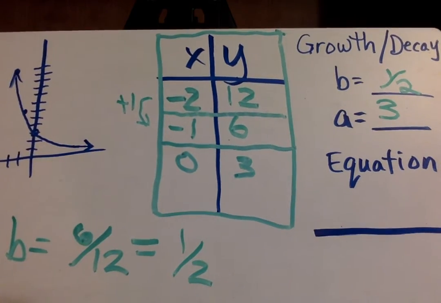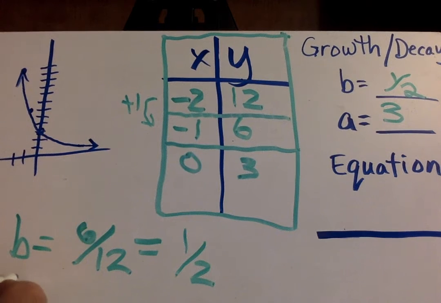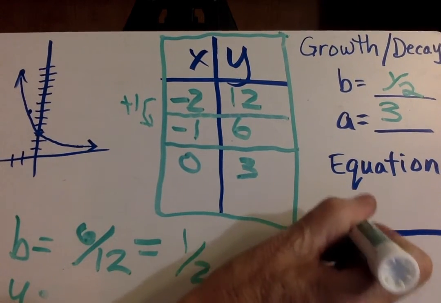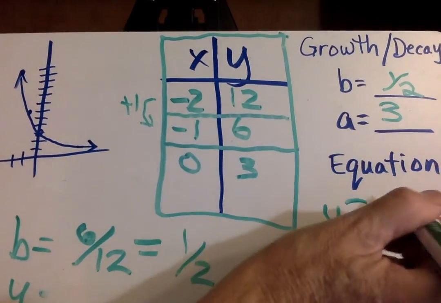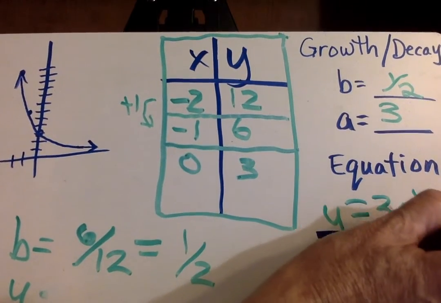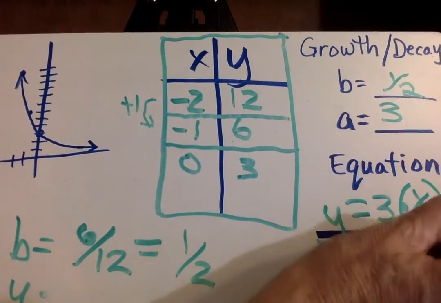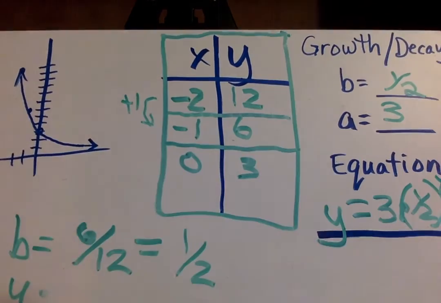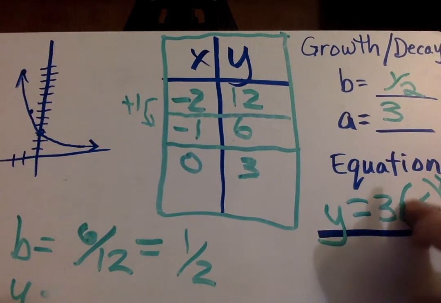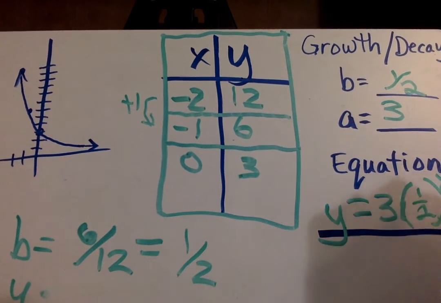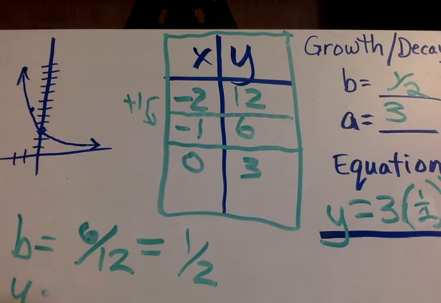So our equation again is y equals A, which is 3, times B, which is 1/2, and we should put that in parentheses, raised to the x power. So again, that's not very pretty. So y equals 3 times 1/2 raised to the x power. Okay? It's not bad at all.